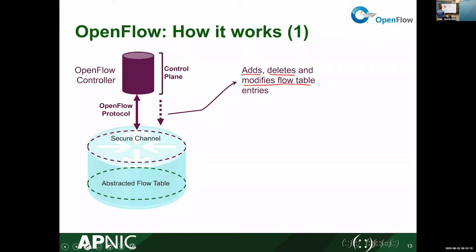So when a packet comes in to the hardware device, it needs to make a decision on what is the best way to send that packet onto the network. So that information gets sent up to our controller. The controller has an overview of the topology and it makes a decision on that. So if it hasn't got any flow entries in this hardware device, it will add it. And then after a period of time, it may remove that.